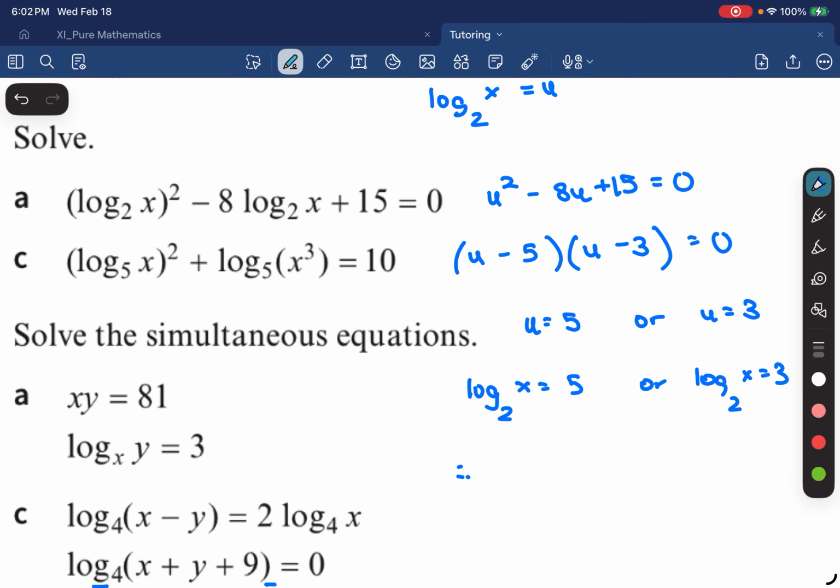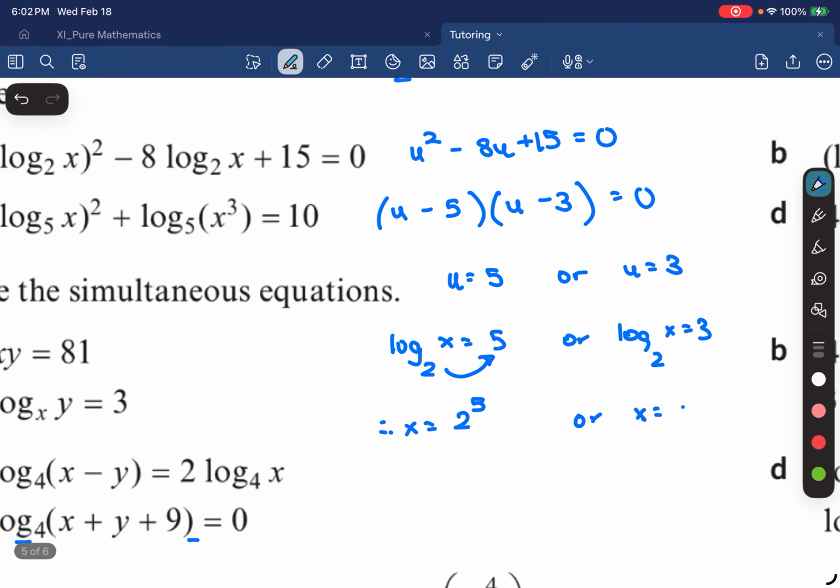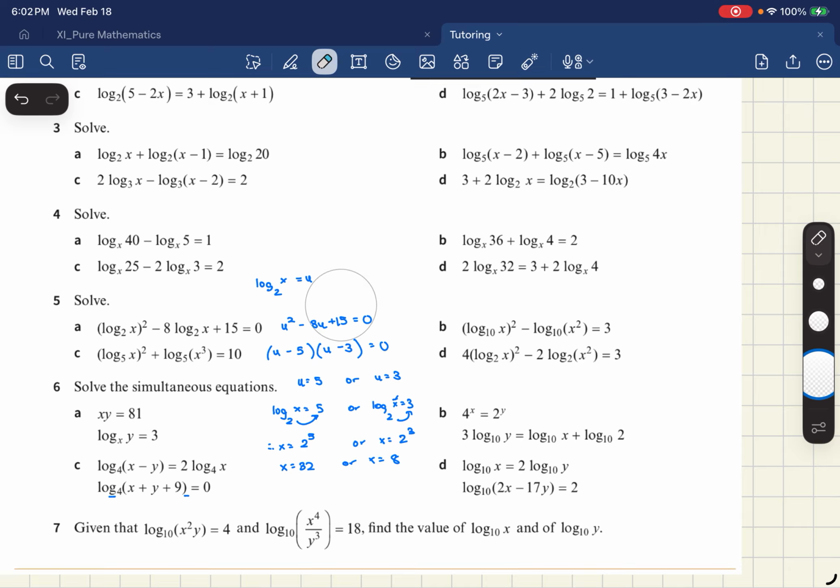So therefore, 2 to the power 5 has to equal x, or 2 to the power 3 has to equal x. So x is equal to 32, or x is equal to 8. So that is the answer for 5A.